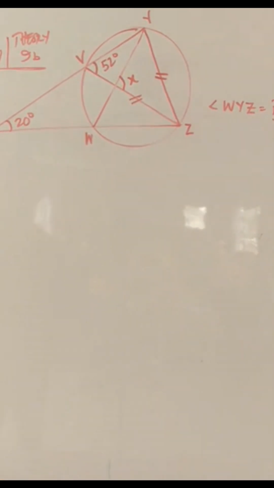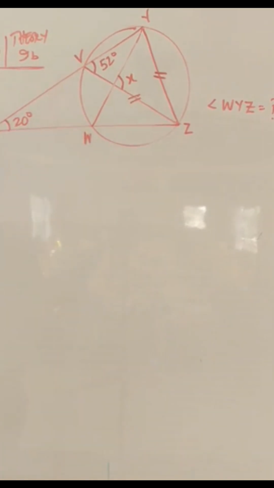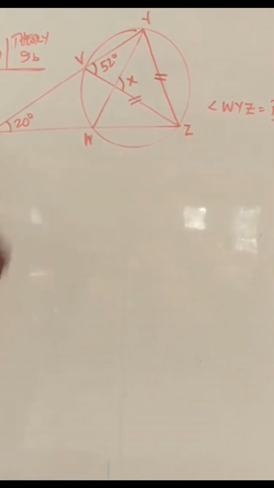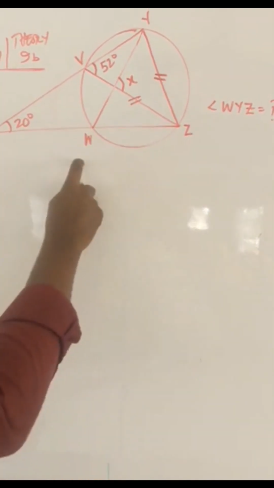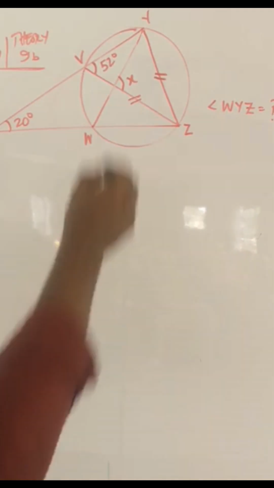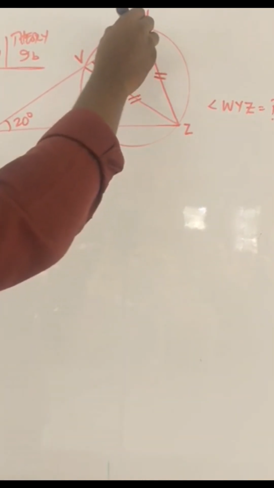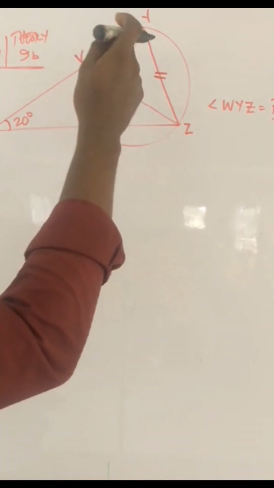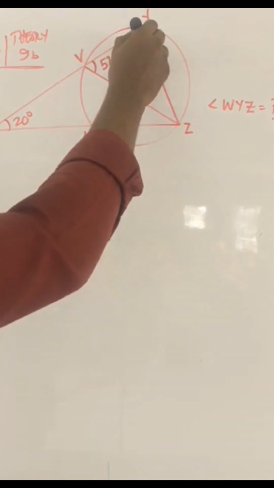Now, look at this question. In this circle, in this diagram, we are told to look for angle WYZ. Let's call it y.